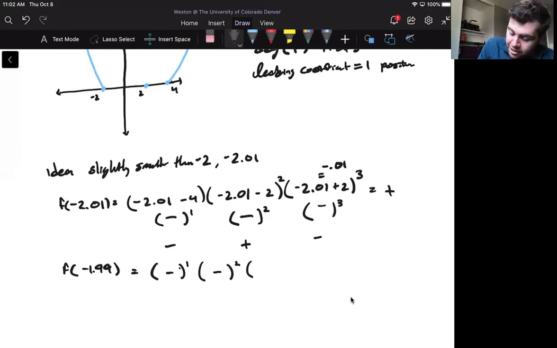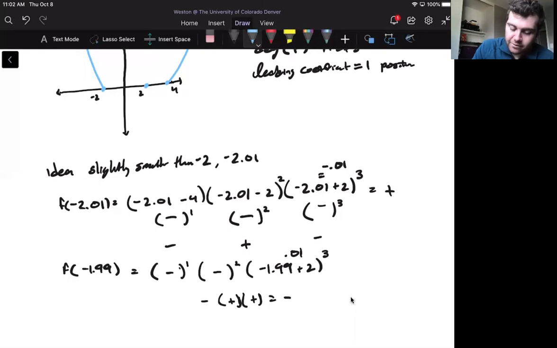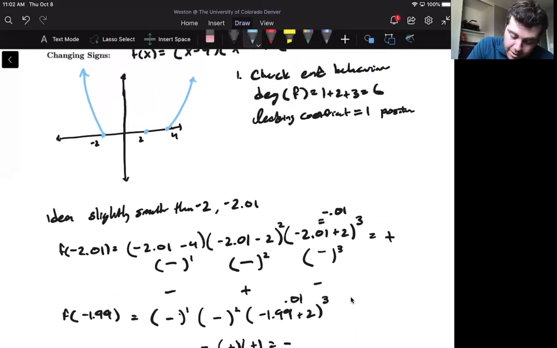But here, the sign actually changes to being positive, because we get negative 1.99 plus 2, which is 0.01, and that's positive. That's cubed, so then we get a negative times a positive times another positive. So the whole thing is negative. That's going to tell us that we're negative from here, and we have to connect back up to that root.